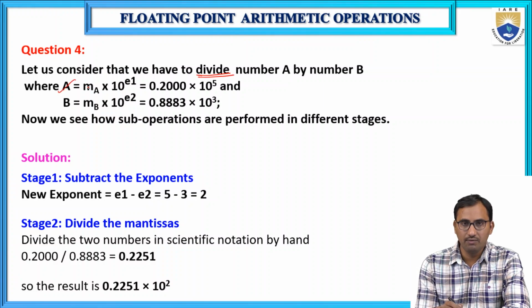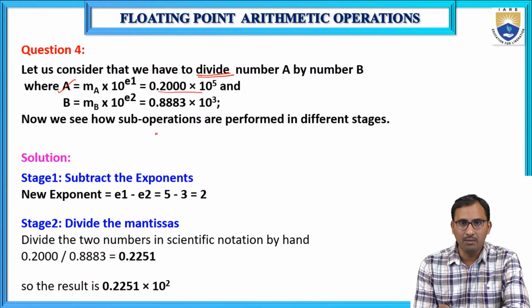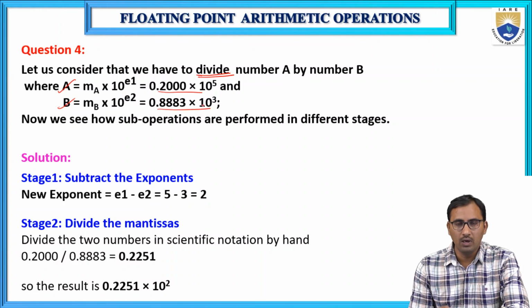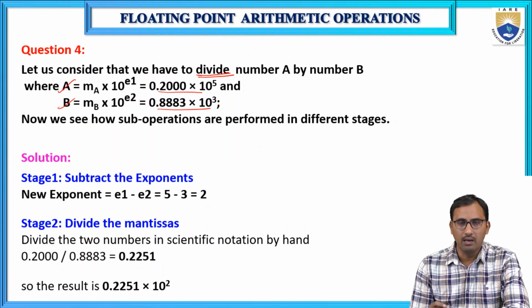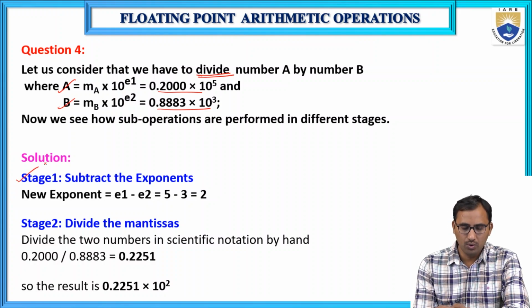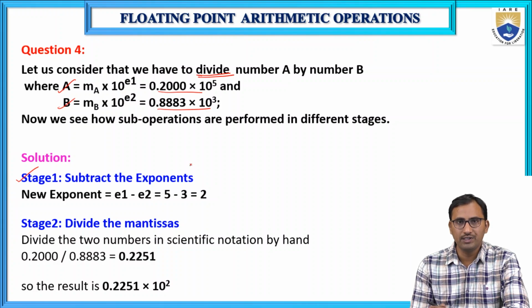The first number given is 0.2000 into 10 power 5, and the second number given is 0.8883 into 10 to the power of 3. These are the 2 floating point numbers given. We need to divide the number A by the number B. During stage 1, we subtract the exponents because in division the exponents get subtracted.